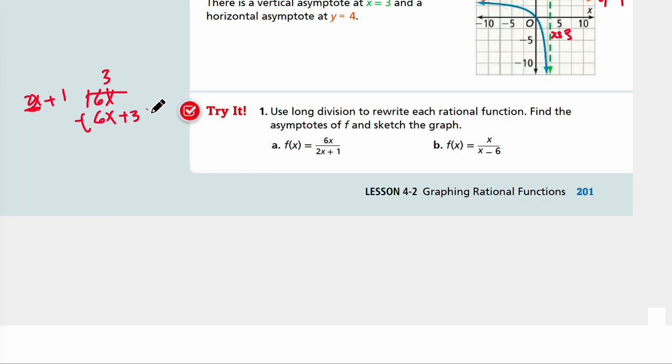If you subtract this, you will get 0 minus 3, so your remainder is negative 3. That means you're going to rewrite this in a different form where 3 is your quotient, and then you have a remainder of negative 3 over 2x plus 1.